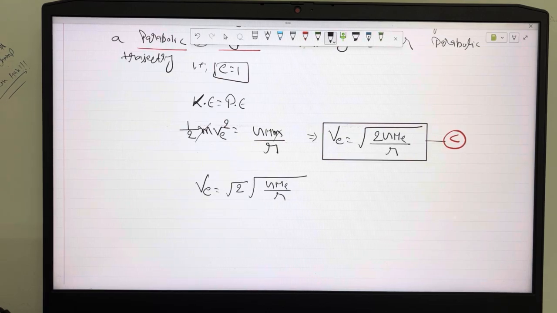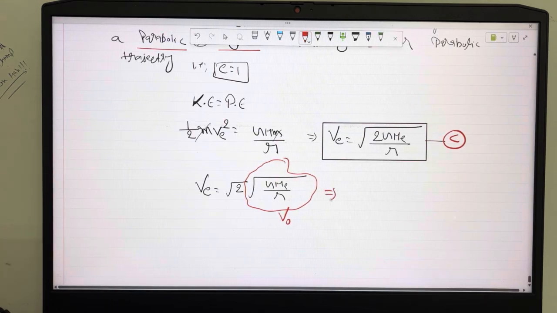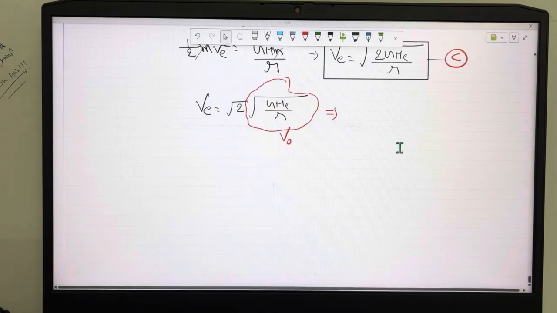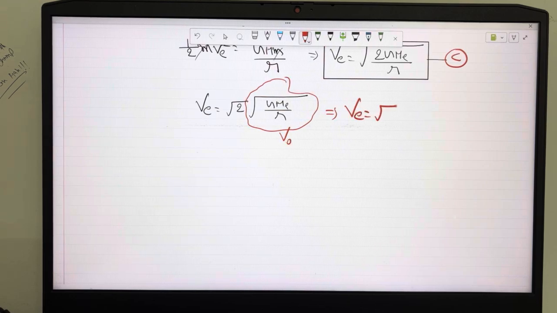This GM divided by r is nothing but your orbital velocity, V naught. So the escape velocity is nothing but root under 2 times V naught. So please don't forget this root, because in my exam I forgot this root and lost 2 marks.